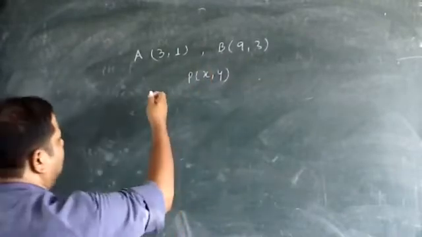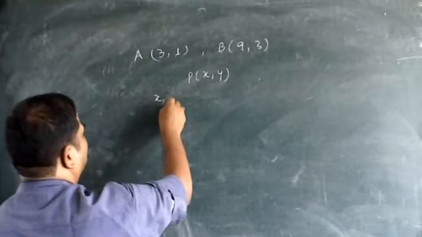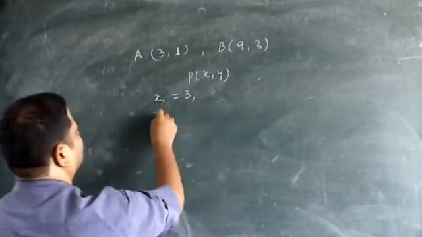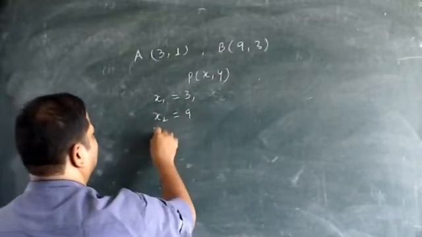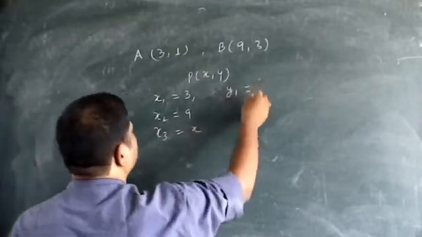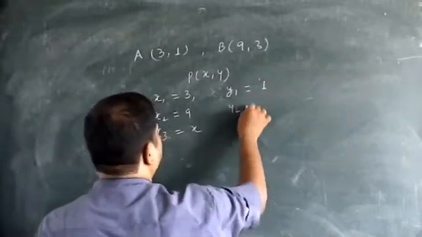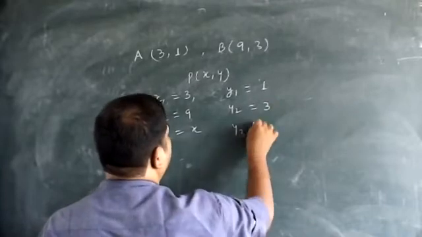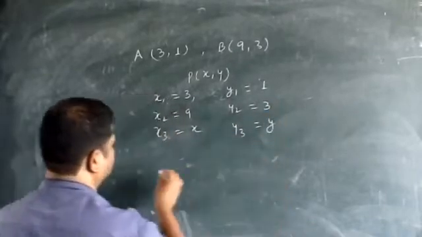Suppose x1 is 3, x2 is 9, x3 is x, y1 is 1, y2 is 3, and y3 is y.